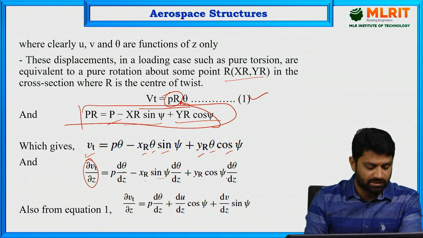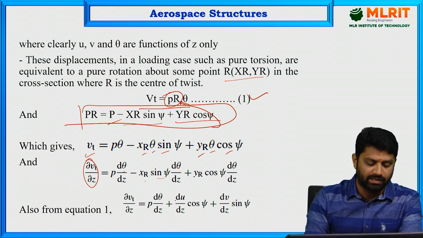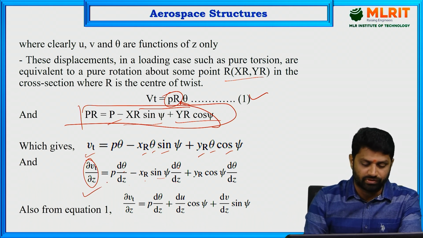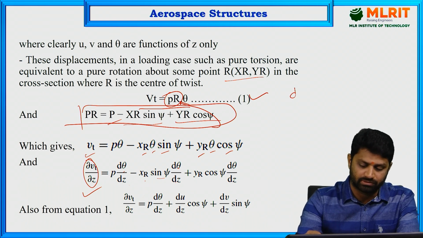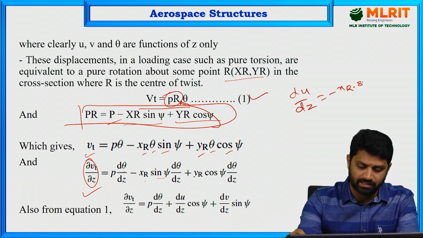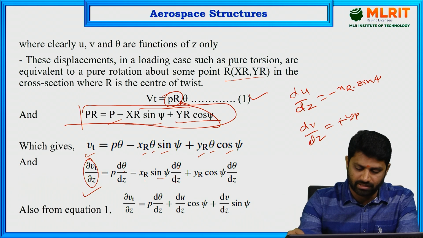So this is dou Vt by dou Z. Also from equation 1, we put it in terms of dou u by dou Z, which is equal to minus XR sin psi, as we have seen earlier, and dou v by dou Z, the second displacement, is plus YR cos psi.